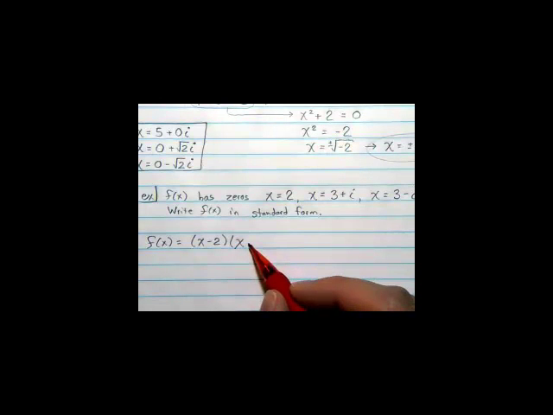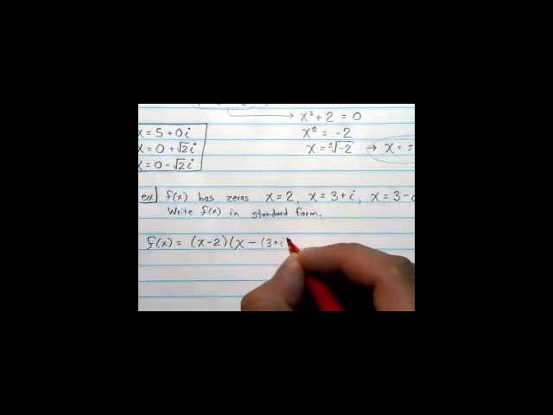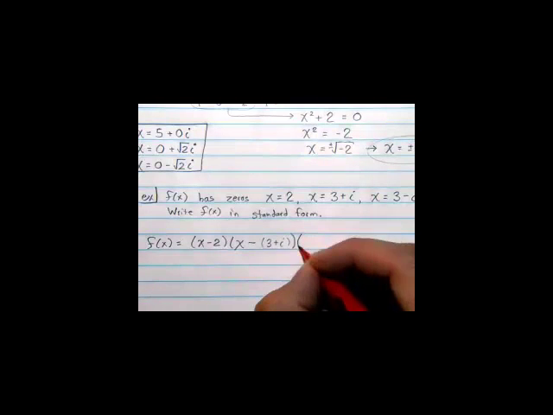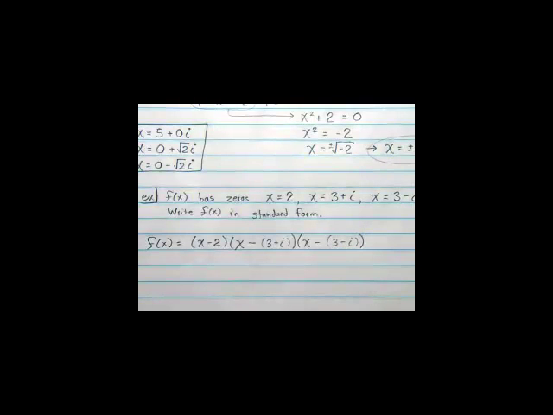It's always x minus whatever the root is, and that works for complex numbers as well. So it's x minus (3 plus i), and then the other one, x minus (3 minus i). Always stick to that formula.